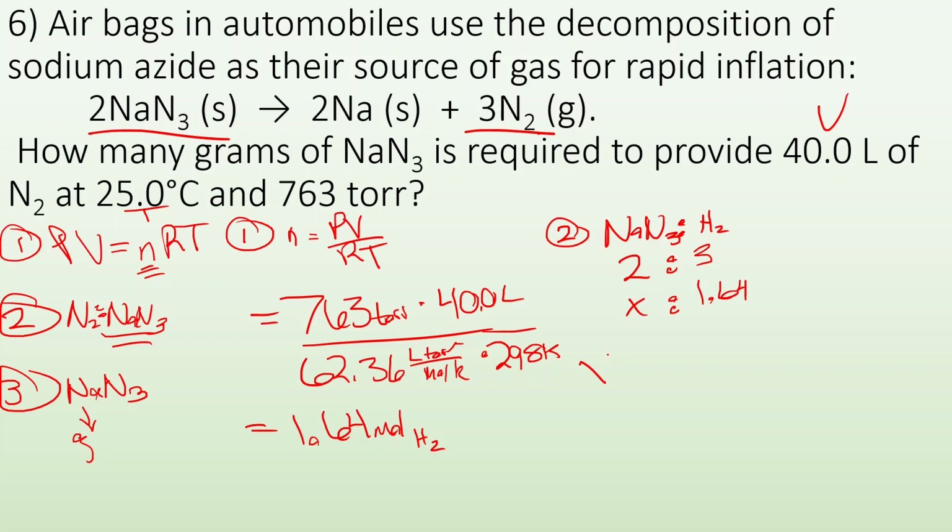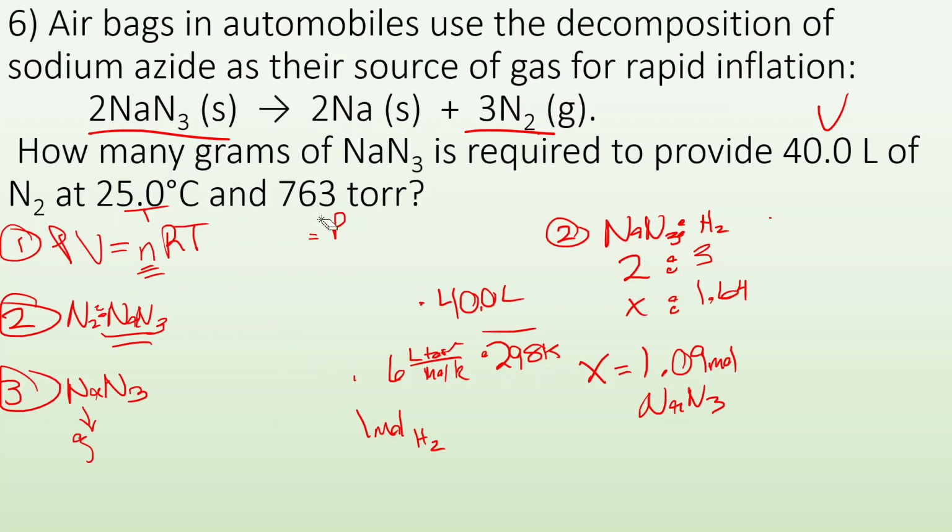So here I solve for the moles of NaN3 by cross multiplying and dividing, and I end up with 1.09 moles of NaN3. So now third step, running out of room. I'm gonna erase all this stuff. Sorry.